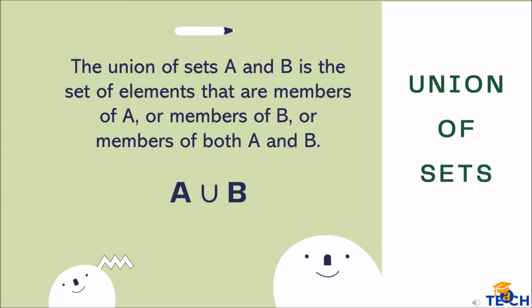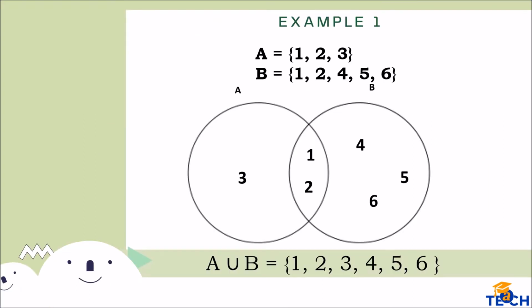The union of sets A and B is the set of elements that are members of set A or members of set B or members of both set A and B. Here is our example. We have a set A, and within set A are numbers 1, 2, and 3. And we also have set B consisting of numbers 1, 2, 4, 5, and 6.